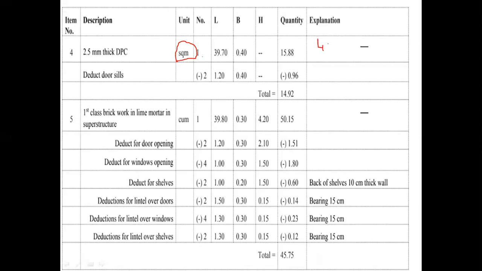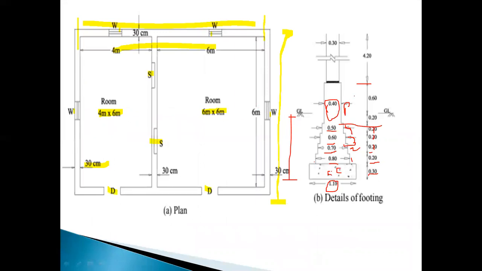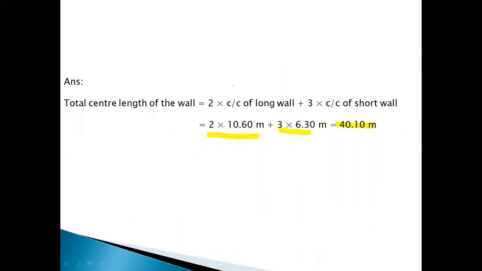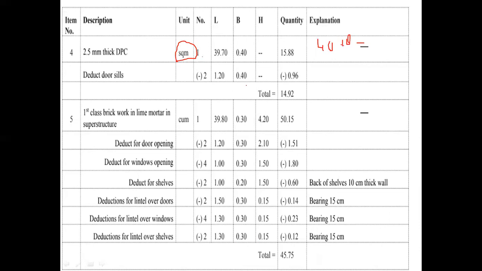Similarly, 40.10 minus, DPC width, 0.40 less, then equals 39.70. Here there is no height, so only length into breadth in square meters, 39.70 into 0.40, that equals 15.88.